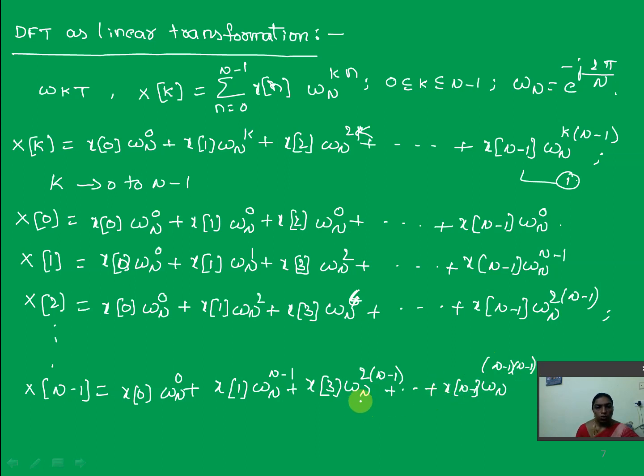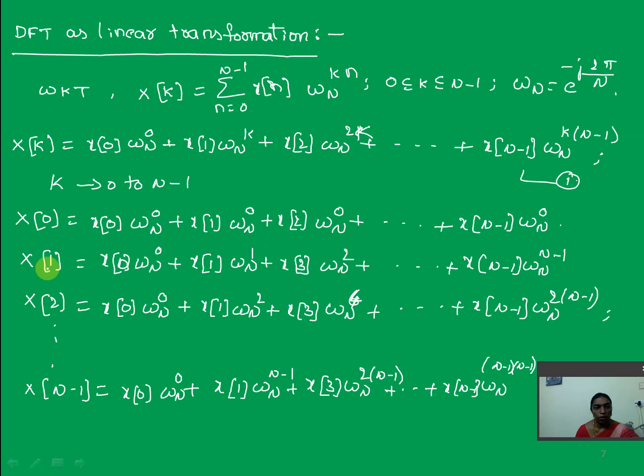So if you observe these equations, it is a linear combination of x of 0 up to x of N minus 1 with the twiddle factors as coefficients.